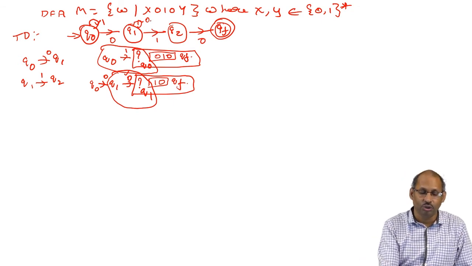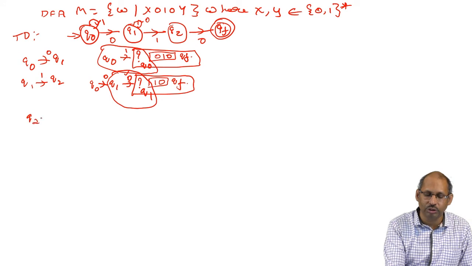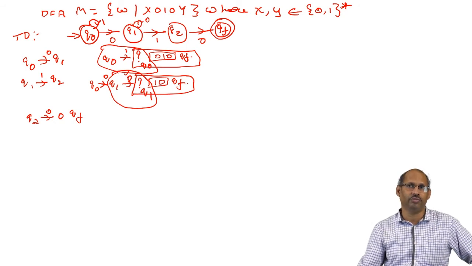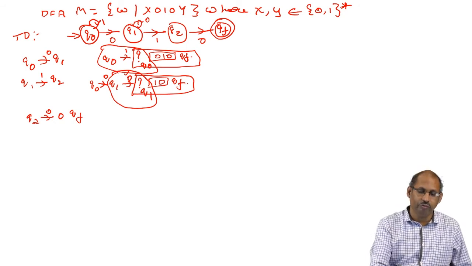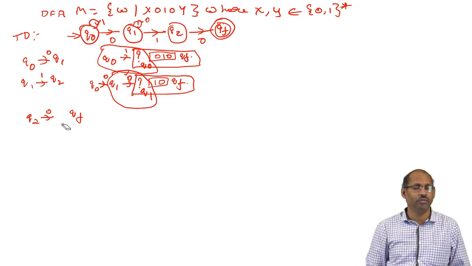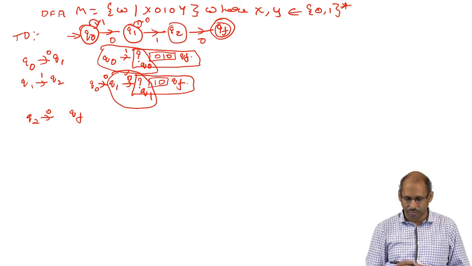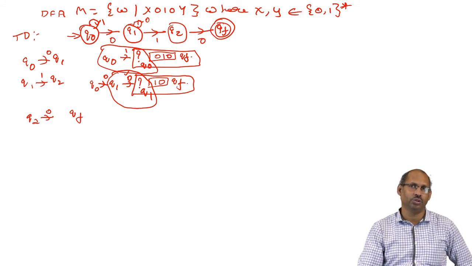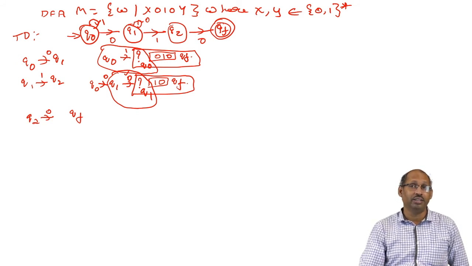Next, Q2 on 0 goes to QF. Right? So we know the transition. Then, what is Q2 on 1?